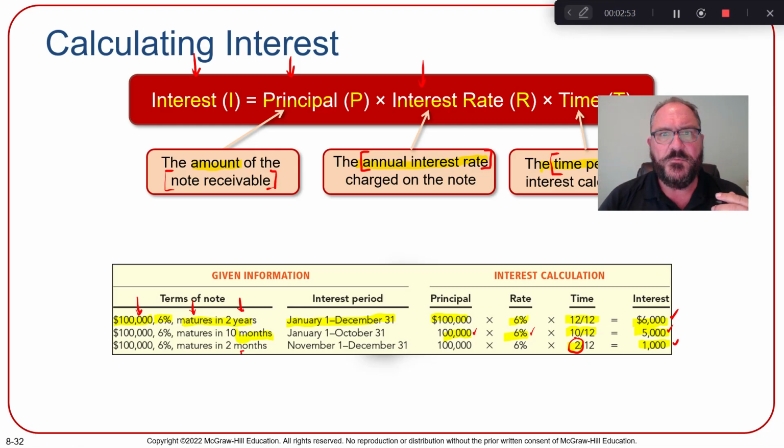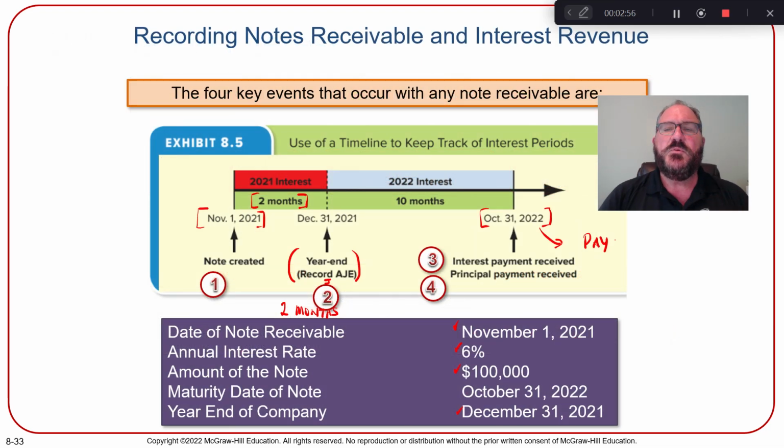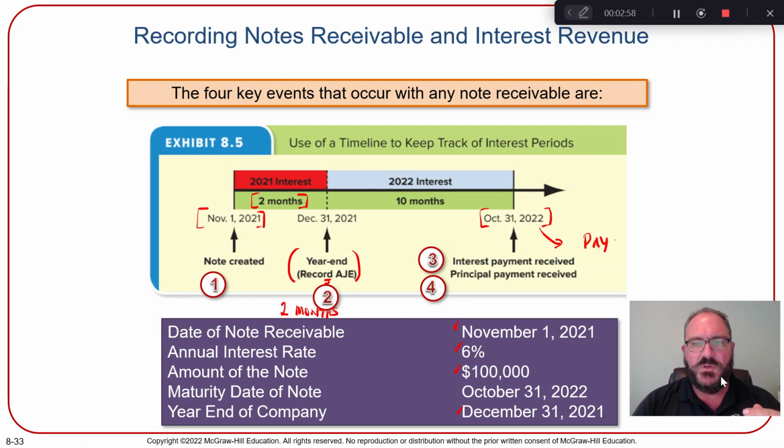Pretty straightforward. So basically when you have this note, here's what happens. The note's created here. Then you have 2 months here, and then there's December 31st. Even though we're not going to collect the money until the end of the year, those 2 months have to be put in the proper year.